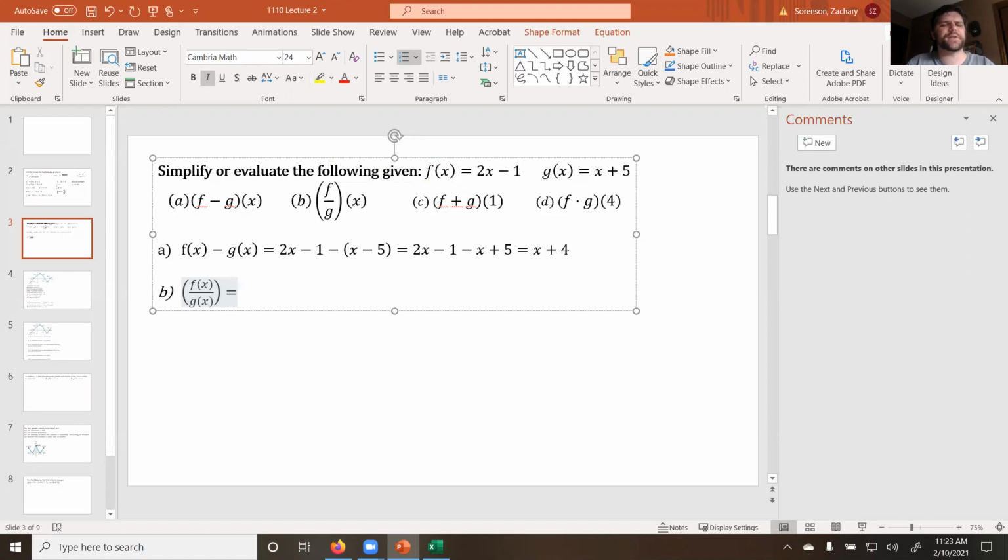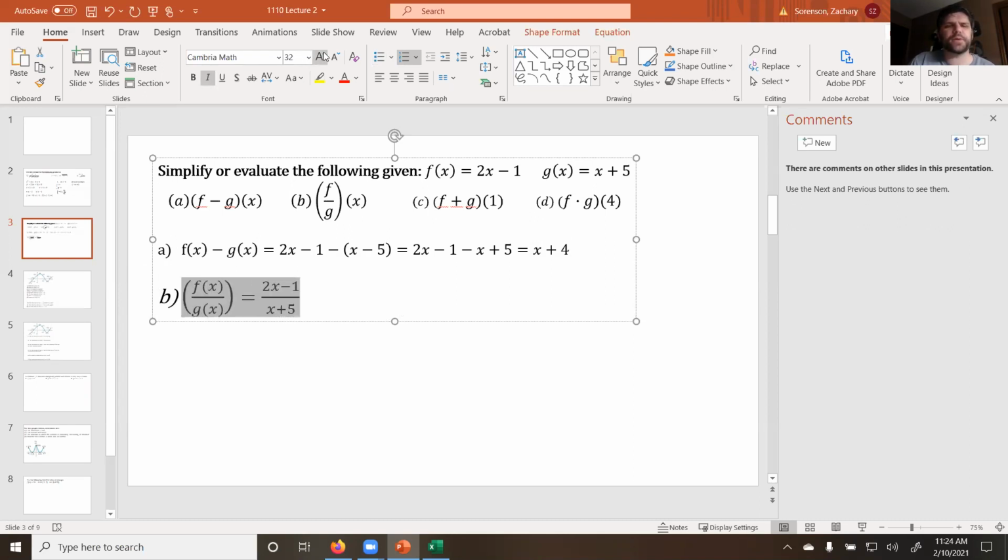Honestly, division usually is one of the easier ones because we can't do a whole lot with it. So we would just do 2x minus 1 over x plus 5. Just put the two fractions divided by each other, and I'm actually done. That's my answer.